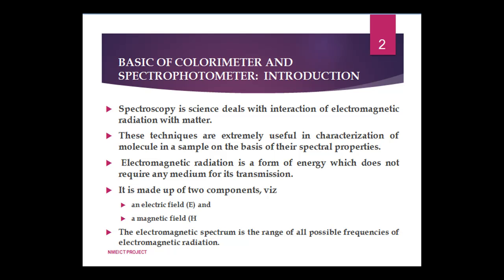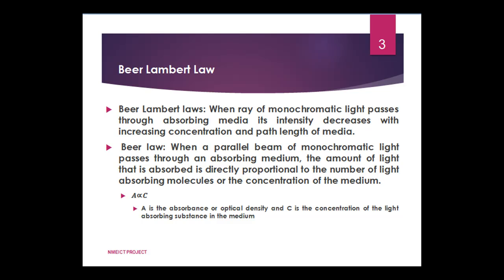The colorimeter and spectrophotometer are widely used techniques to measure the intensity of a color, and they work based on Beer-Lambert's law. What is Beer-Lambert's law? When a ray of monochromatic light passes through an absorbing medium, its intensity decreases exponentially with the increase in concentration and path length of the medium.